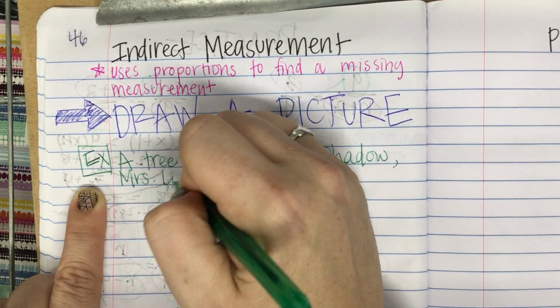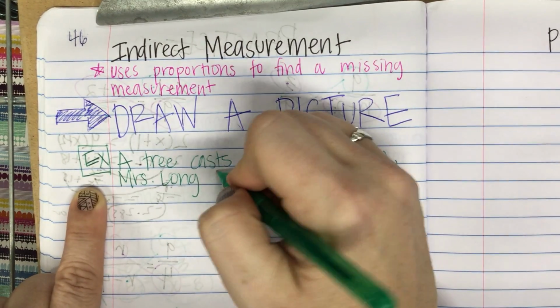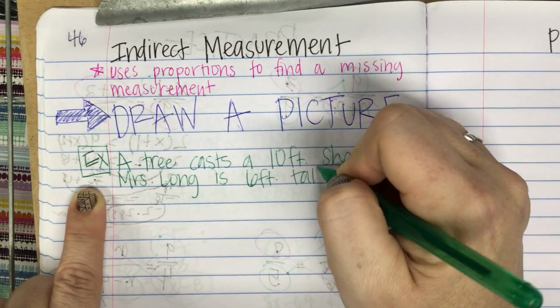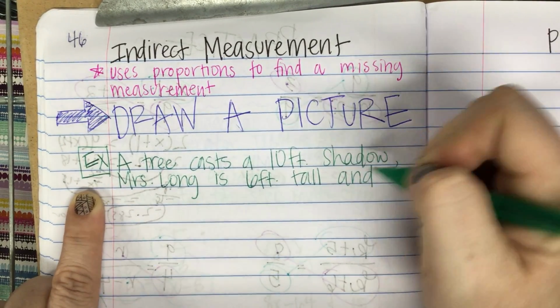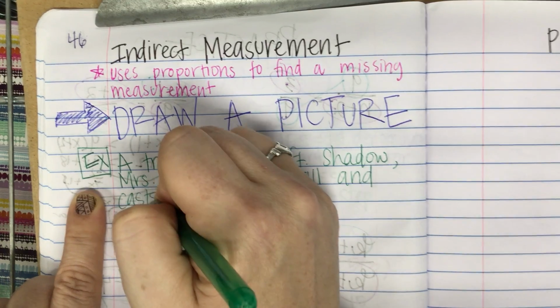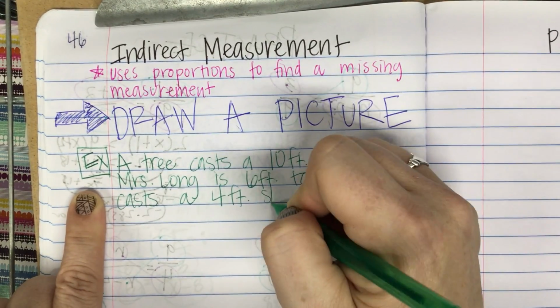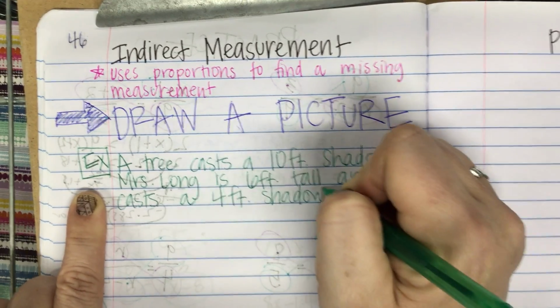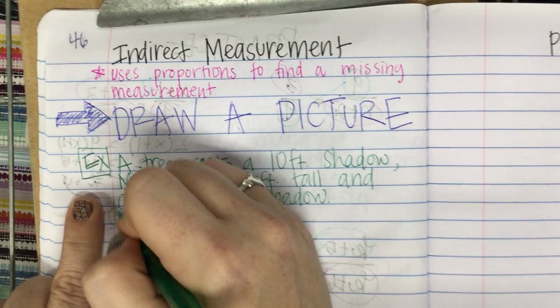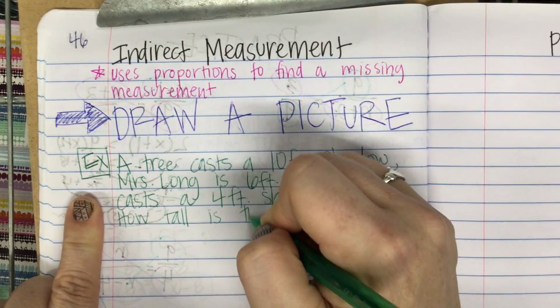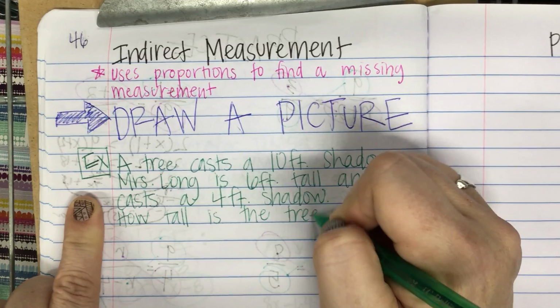Mrs. Long is 6 feet tall, and casts a 4-foot shadow. How tall is the tree?